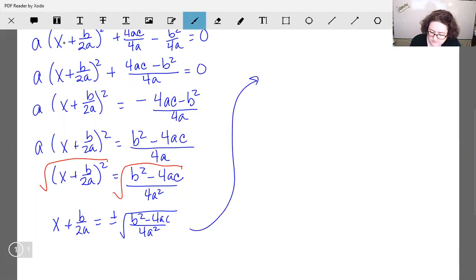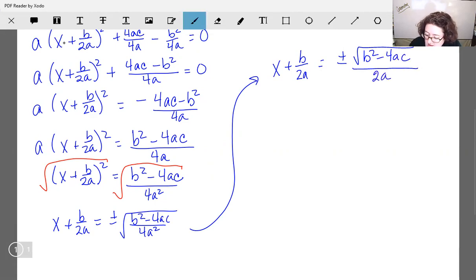I still haven't done anything with that left-hand side all that much. But on the right-hand side, I'm going to simplify that denominator. The numerator, I've got b squared minus 4ac. If I take the square root of 4 and the square root of a squared, that leaves me with 2a. And hey, I'm noticing I have a 2a in the denominator on that other fraction. So now if I start moving things, I'll be able to combine my terms. So let's move this b over 2a now.